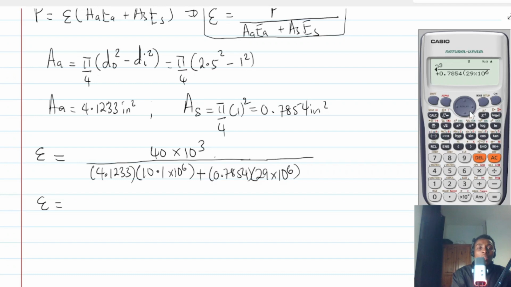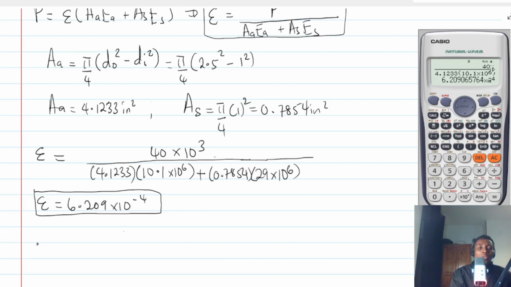What this means is that the strain is given by 6.209 times 10 to the power minus 4. This one has no unit, so that is the answer.